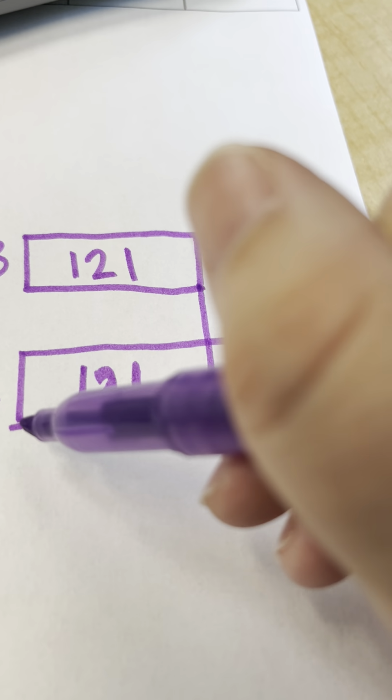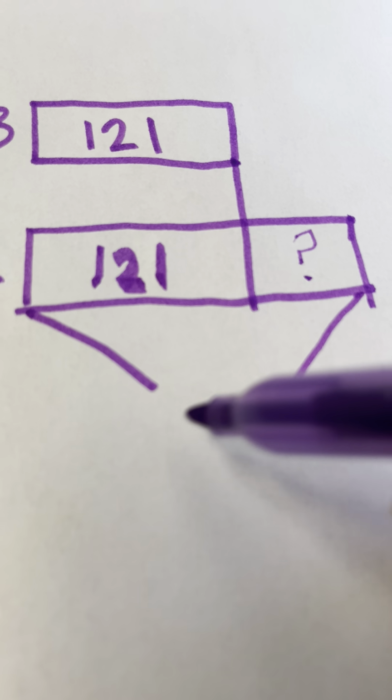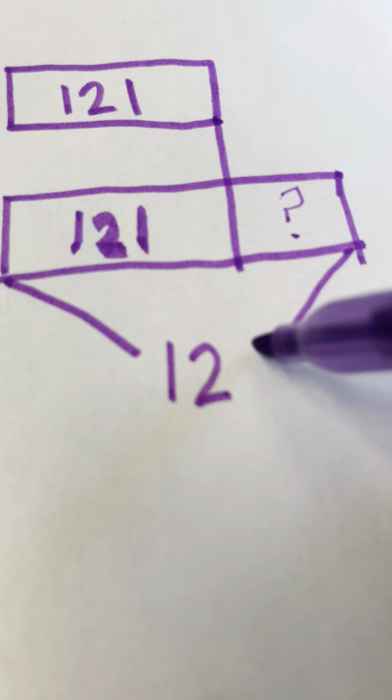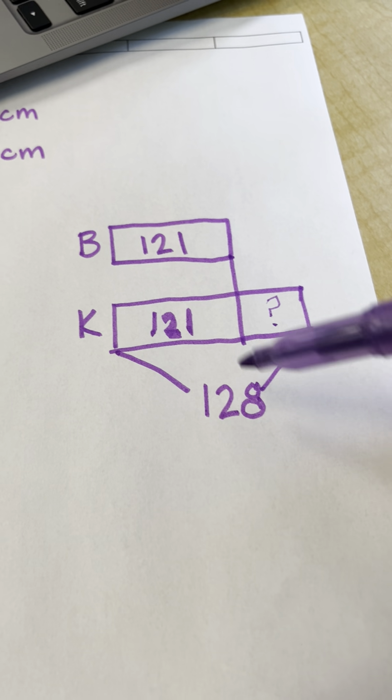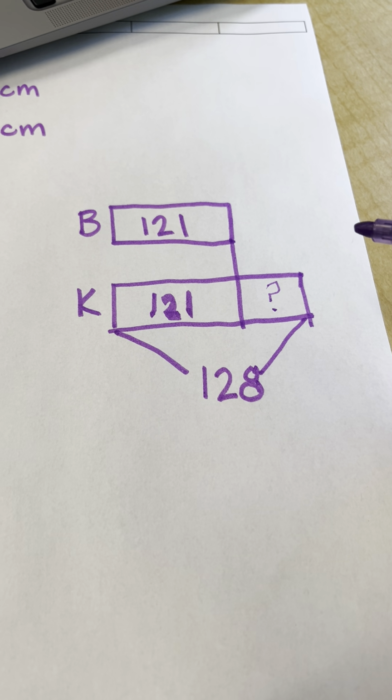Because we also know the total, we can turn this tape diagram into what looks like a number bond, which students are very familiar with from first grade. So our total is 128. Now we have all the information we need to solve for our missing part.